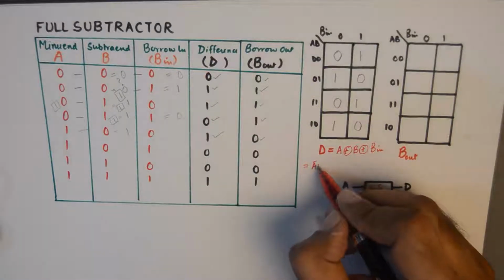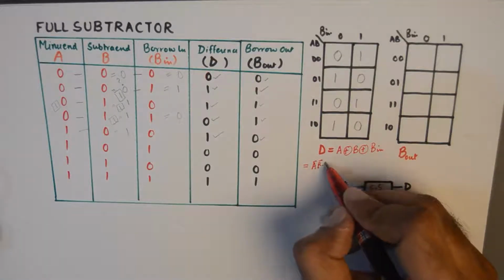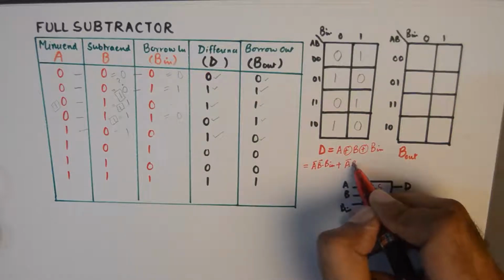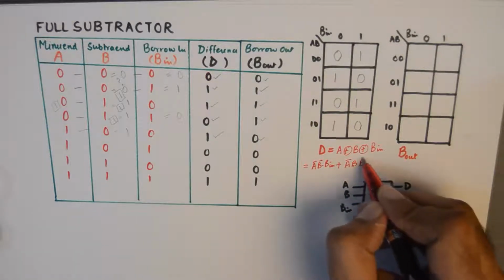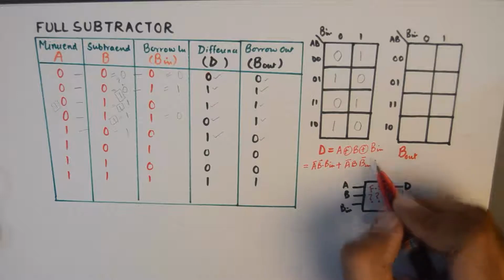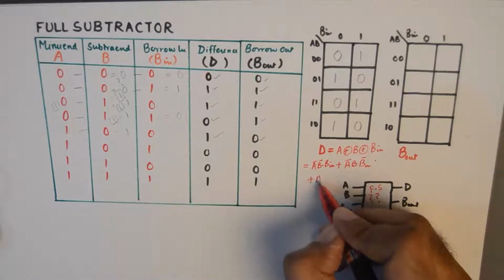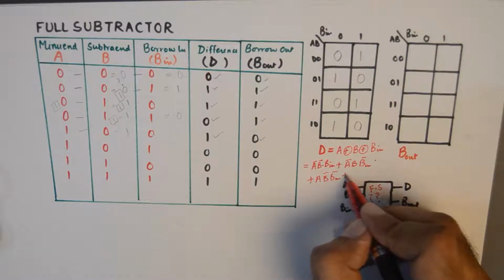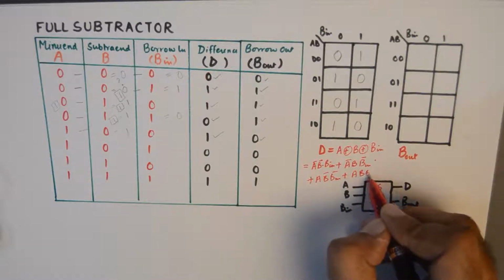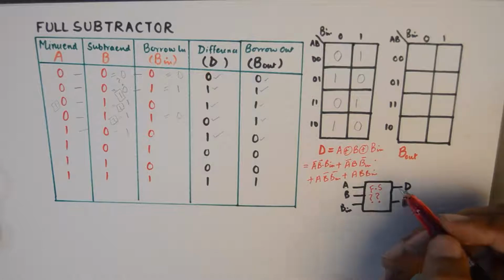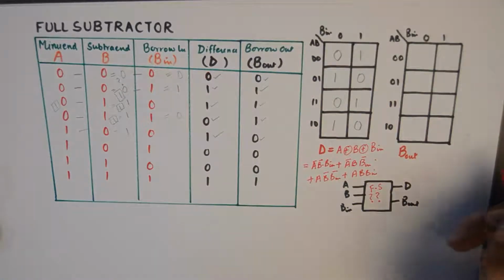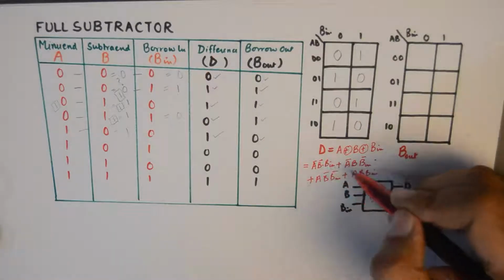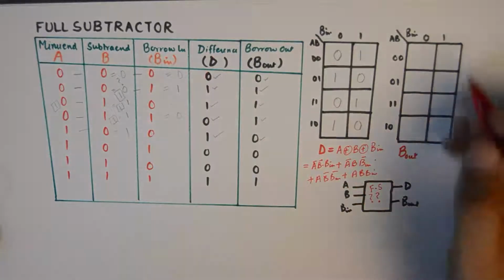It is A bar B bar B in plus A bar B B in bar plus A B bar B in bar plus A B B in. Right? So that becomes the expression for difference.